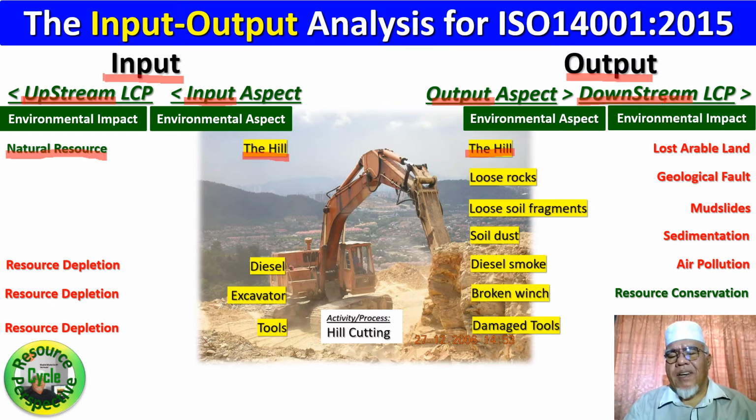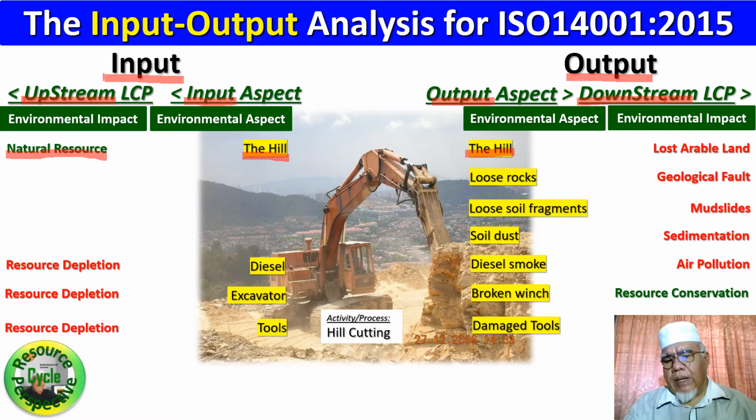What's the environmental aspect? The hill itself, or boulders, I would say, or hilltops, I would say. You can use your own words, but the environmental impact, it is interacting with the environment in terms of reducing its integrity, reducing its identity as a hill until there is no longer a hill.